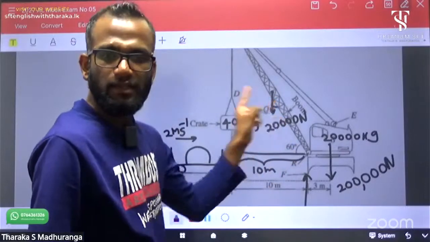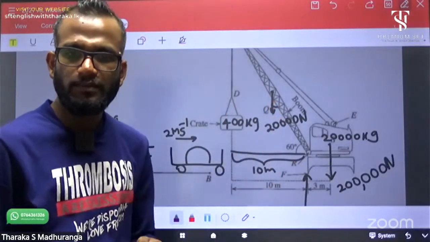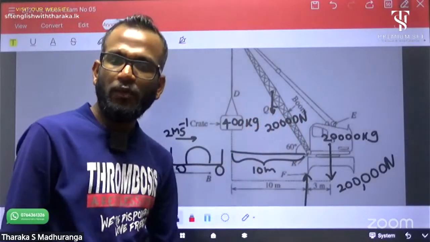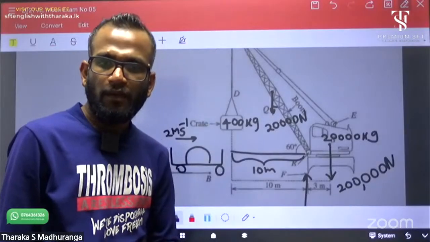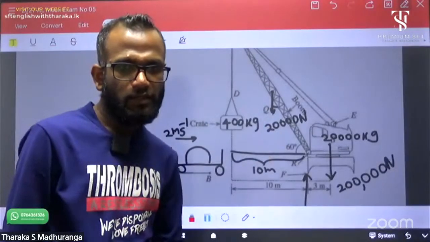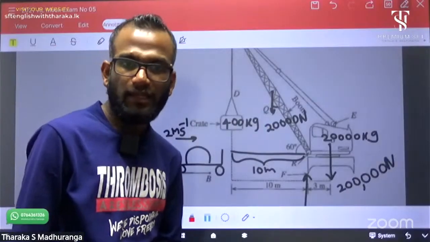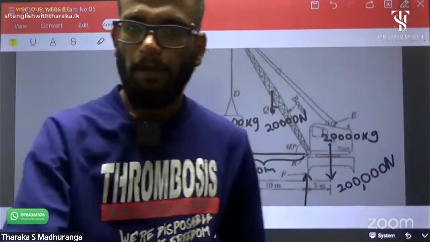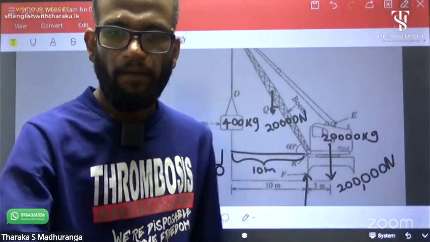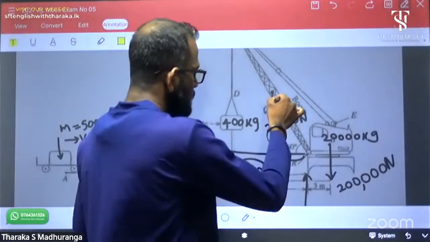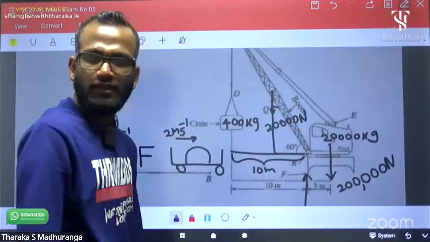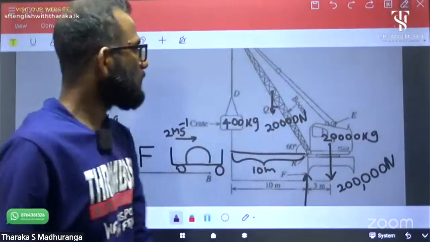The angle between this Q force and the boom. Yes, it is 30 degrees, because if you complete this as a right angle triangle, 60, 90, the remaining angle is 30, right? 30 degrees angle.